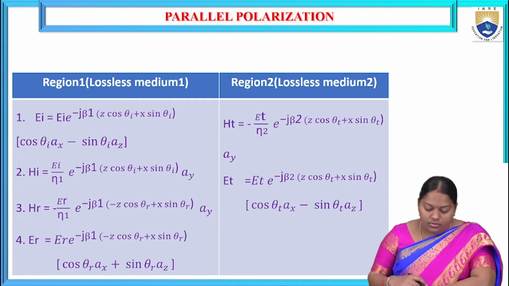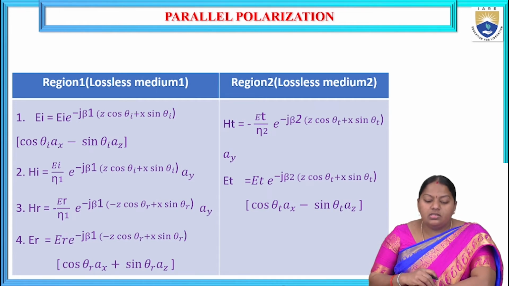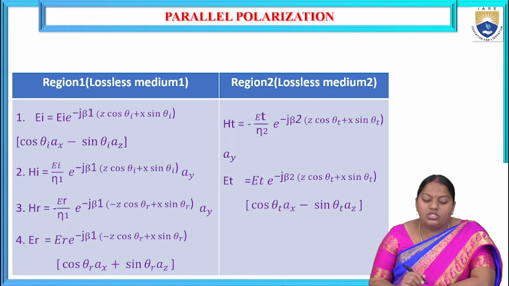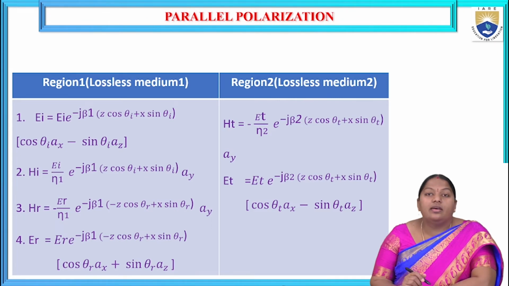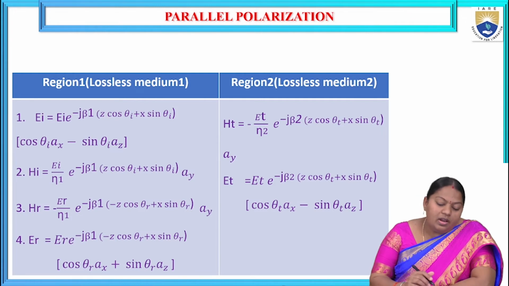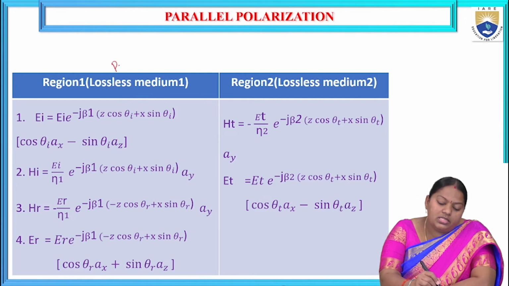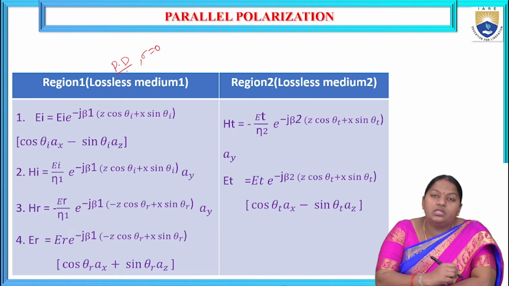So first we will tabulate all the 6 relations. Both the mediums are considered as lossless media. Right? A lossless medium is also called a perfect dielectric medium, means sigma equal to 0.